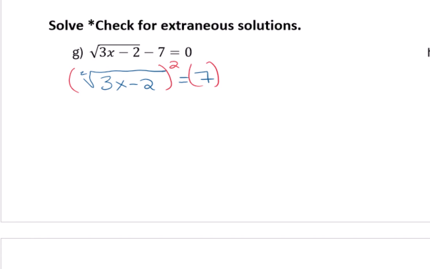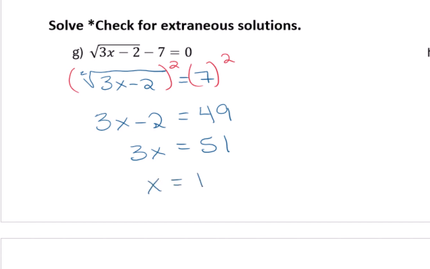But if we do it to the left, we must do it to the right. So that's going to leave us with just the radicand on the left-hand side equals 49. If we add 2 to both sides, that's going to give us 51. Divide both sides by 3, and we get x is, I believe, 17. We do want to check it.